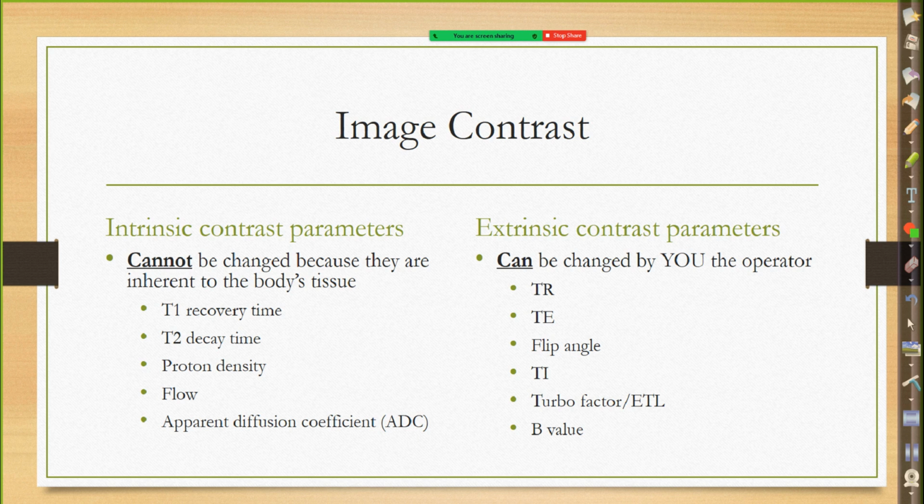So let's compare that to X-ray. What do you think an intrinsic contrast parameter is in X-ray? Something that we can't change. Tissue density? Tissue density, thickness, right? We can't change the body habitus of our patient. Good. What would be an extrinsic contrast parameter in X-ray? Technical factors? Technical factors, so give me a couple.